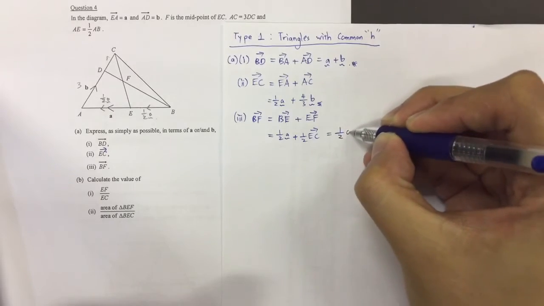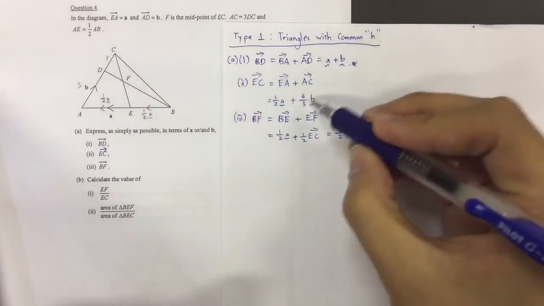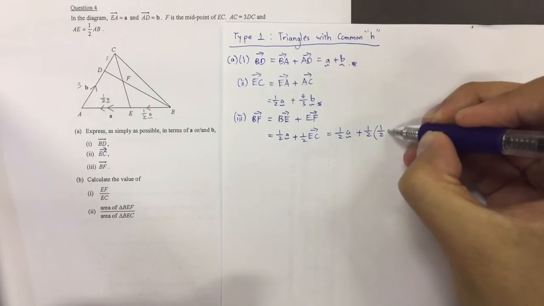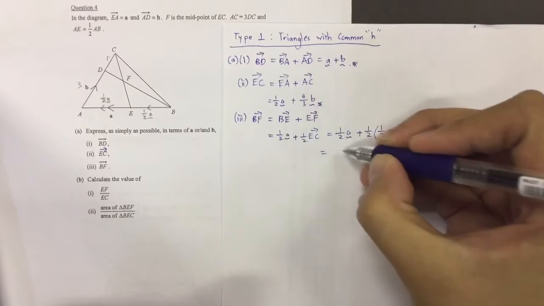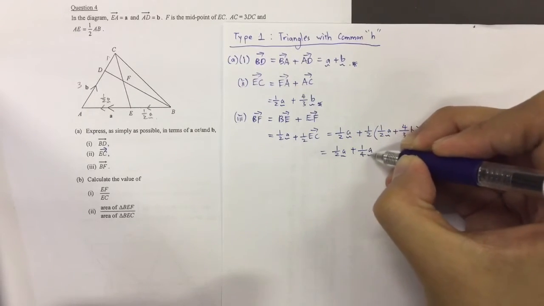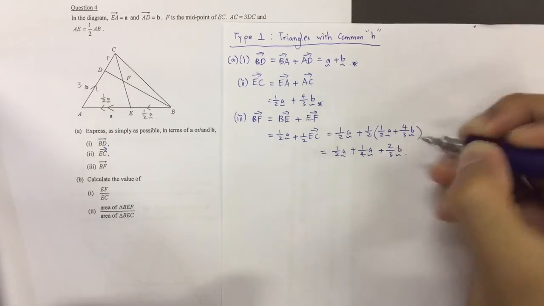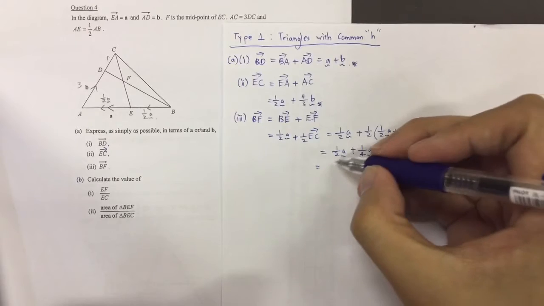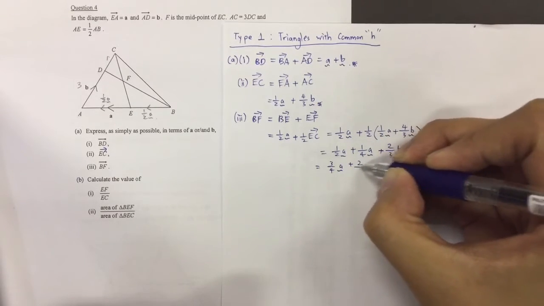In other words, it's going to be half A plus half of EC from the previous part, half A plus 4 over 3 B. So, now I simplify these vectors, I'm going to get this plus 2/3 of B. Simplify further, add them up, I'm going to get 3/4 of A and 2/3 of B.